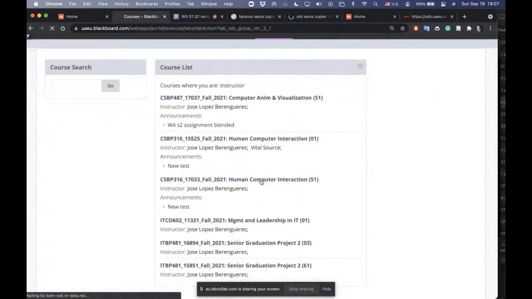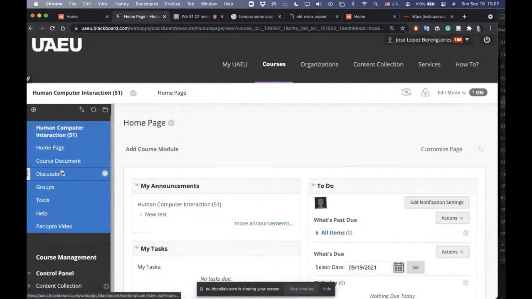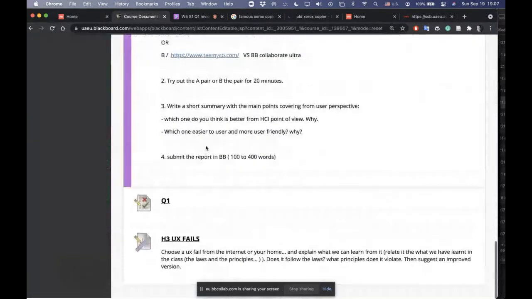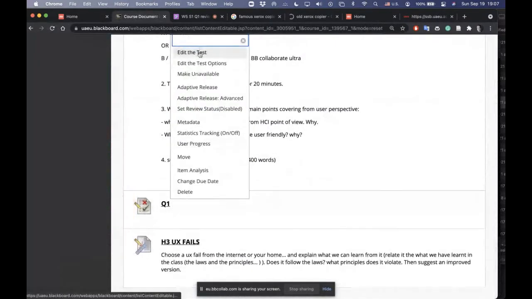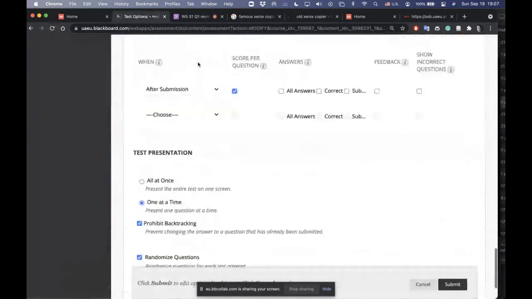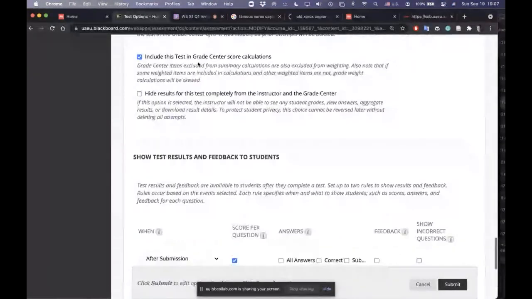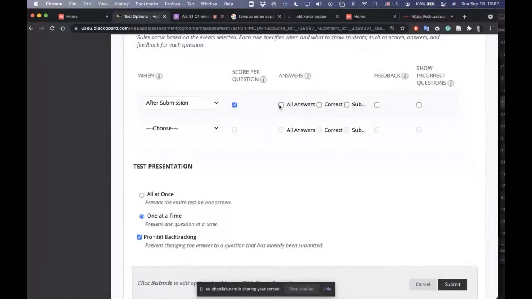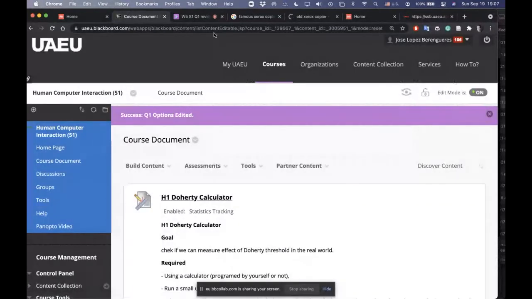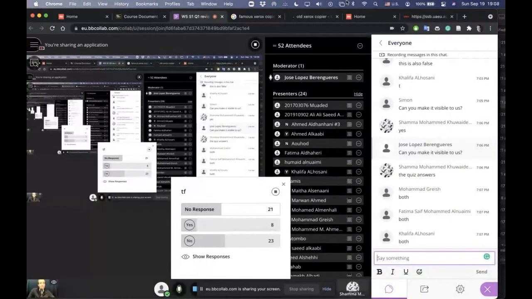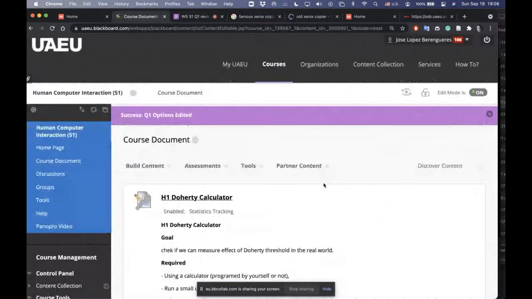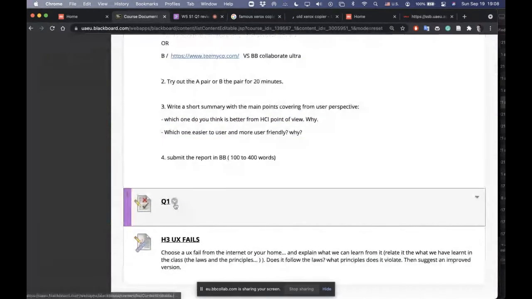Section 51, let's see, course document. Okay, section 51, I forgot to click this. Let me know if it's not fixed. If it's not fixed, hit me on Slack later on. Sounds good? Thank you for that. Can you see it now?